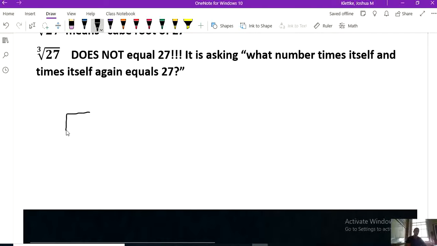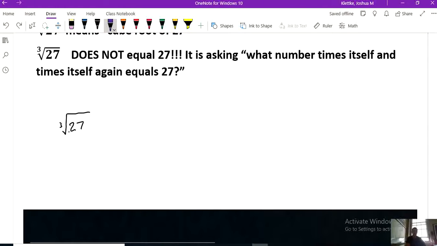So if we have the cube root of 27, that means we are looking for, I shouldn't put an equal sign though, because it's not equals.